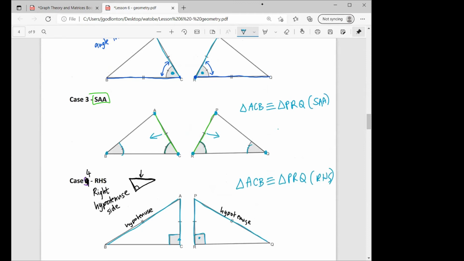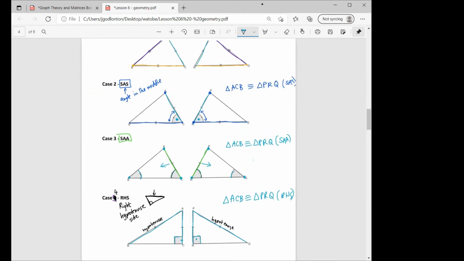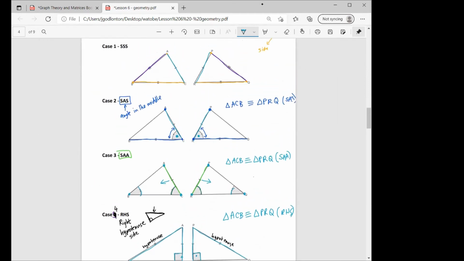Ma'am, I just have a question. Yeah, sure. For the congruency, when we write the ACB and PRQ, if you get one letter wrong, is the whole thing wrong? It depends on what type of question it is.